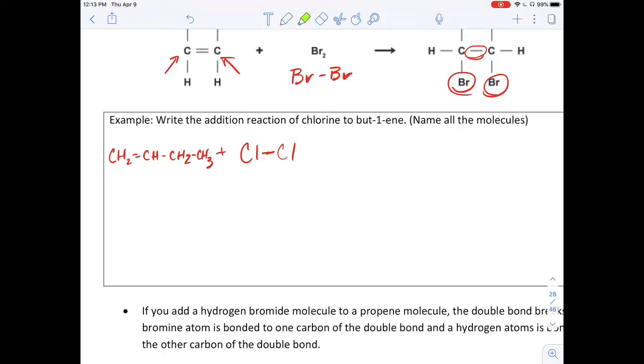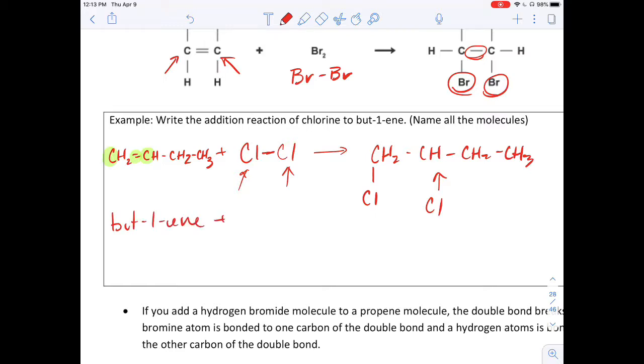So this double bond here is going to get broken, and each of these carbons is going to get a chlorine attached to it. So I'm going to get CH2, CH, CH2, CH3, but now the first carbon gets a chlorine, and the second carbon gets the other chlorine.